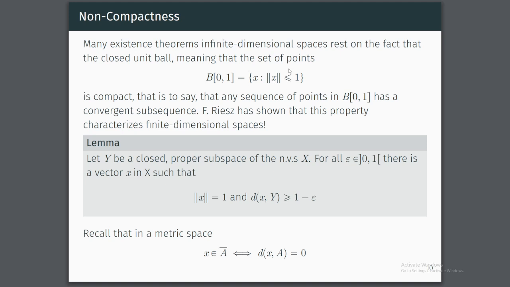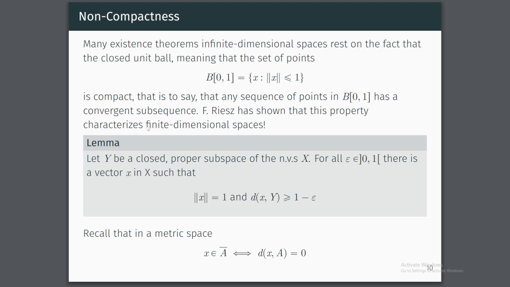Okay. But as for now, I think this is the main reason why people even bother with the weak topologies, why even people choose to have different topologies. It's because you just lose compactness completely in infinite dimensions.